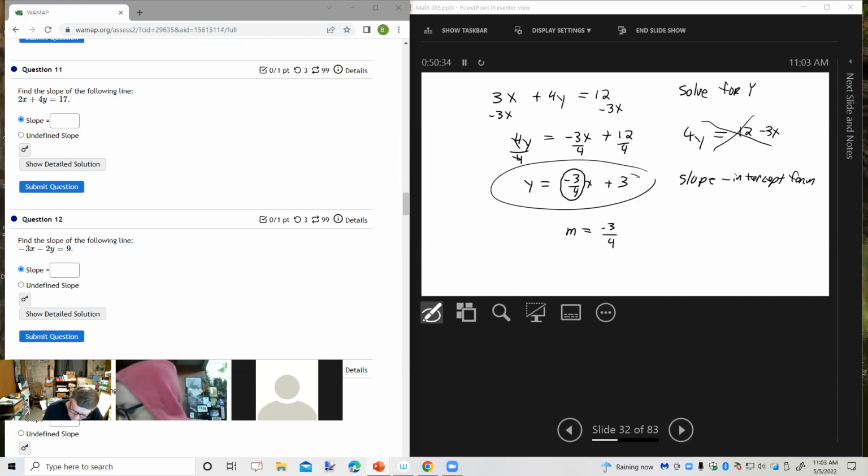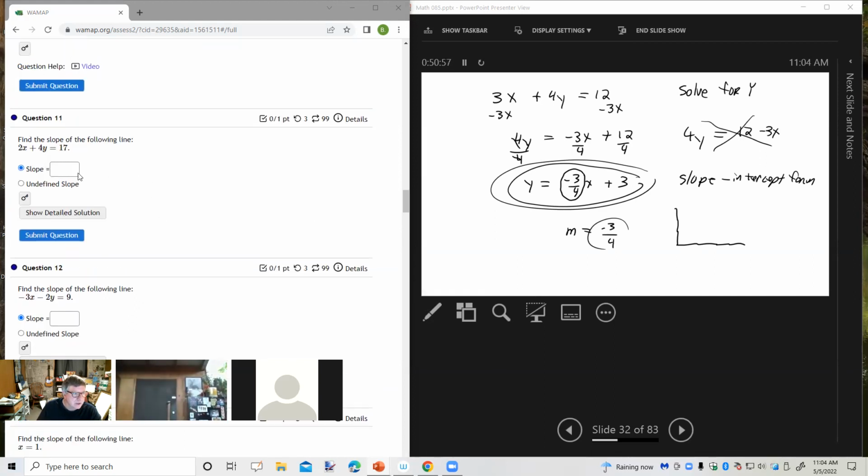So if we were to graph this line, it would have a slope going down 3 as it goes over 4. So by solving the equation in the form y equals something times x plus or minus some constant, we get it in that slope intercept form.